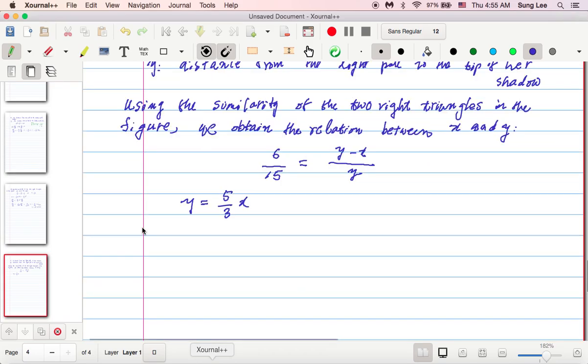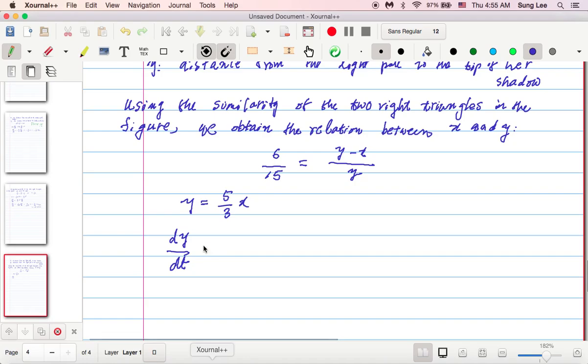Okay, so we are trying to find how fast the tip of her shadow is moving, right? So we are trying to find dy/dt.